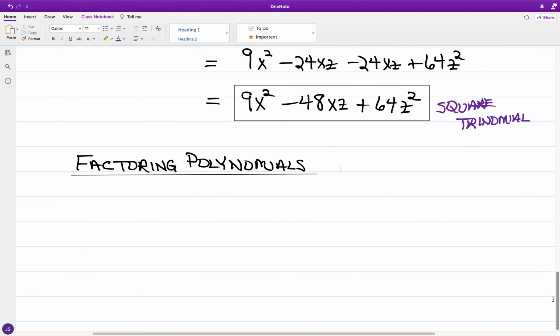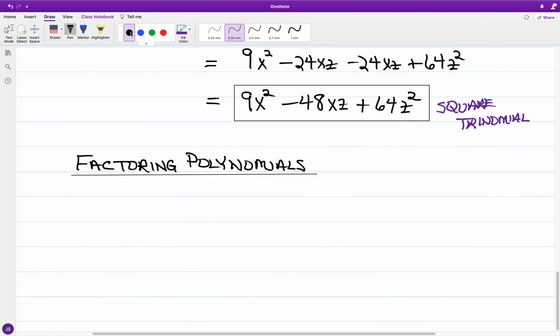And in the case of factoring polynomials, we'll start out with some samples, where the first term is going to be x squared.